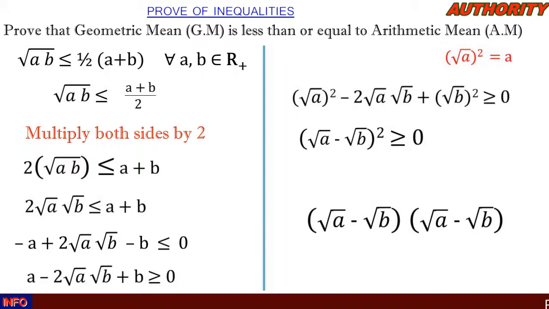So therefore we say that root A minus root B squared is greater than or equal to 0. Hence, we have proven that GM is less than or equal to AM. That is, the geometric mean is less than or equal to arithmetic mean. You see, hence the proof.